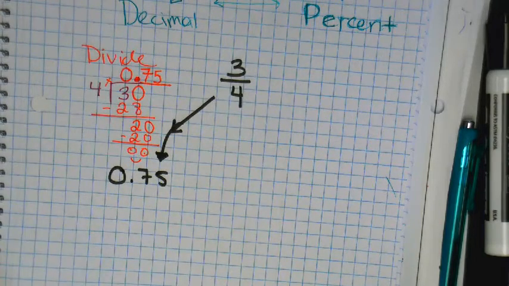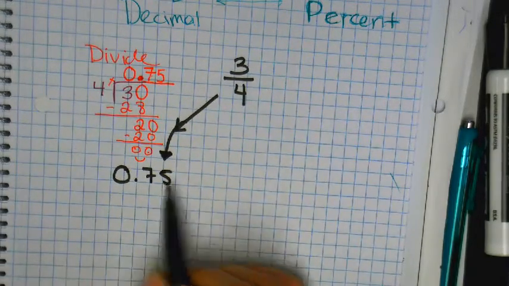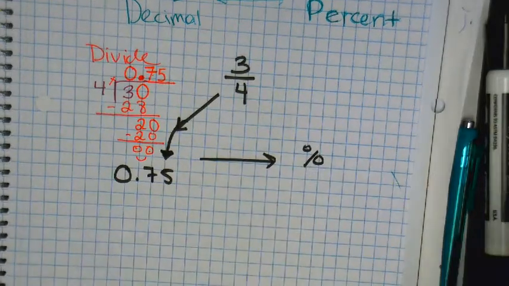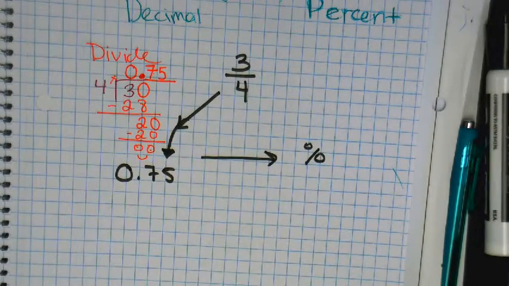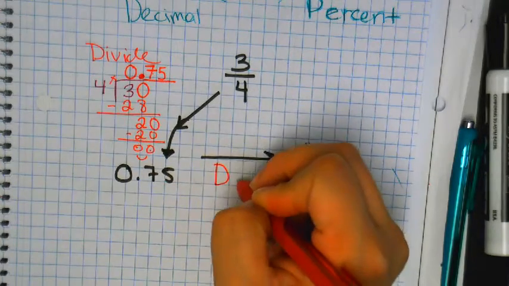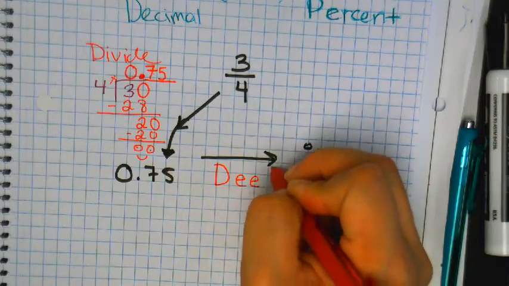All right, now we're going to go from a decimal to a percent. Okay, and I have a shortcut for it. Not a shortcut, a trick. Okay, we're going to use the word deep, like deep sea, deep trouble.